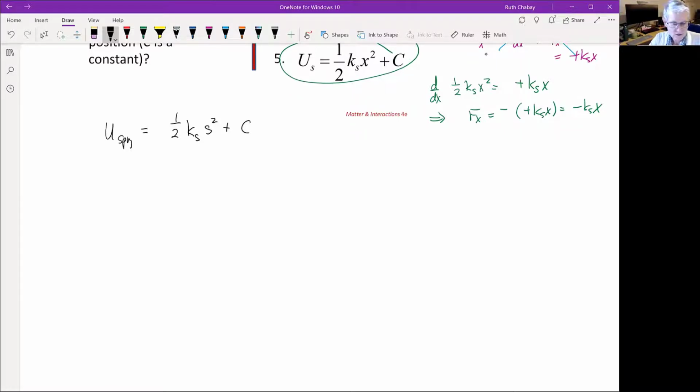And that's a pretty odd plot for potential energy. So if we plot potential energy here, this is energy on the y-axis as a function of stretch.